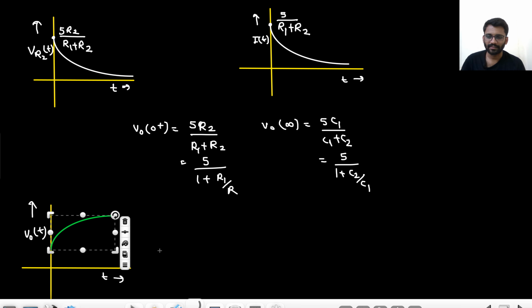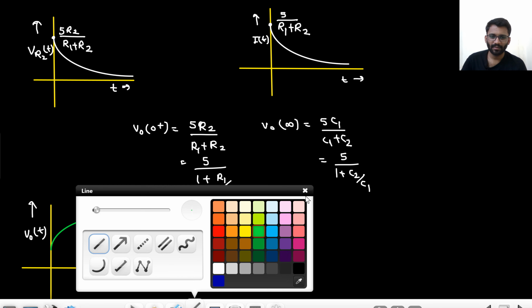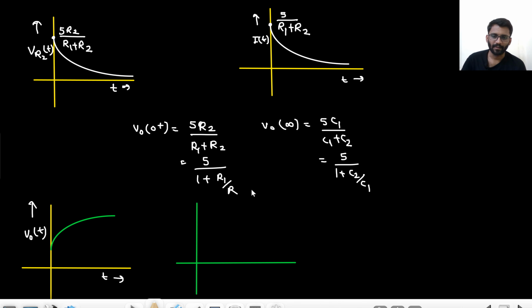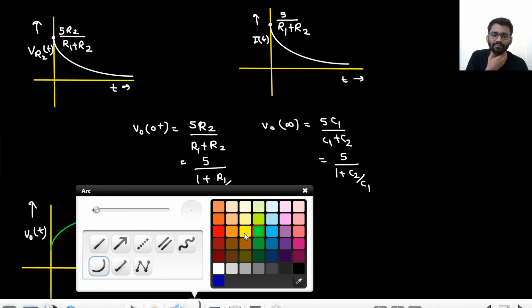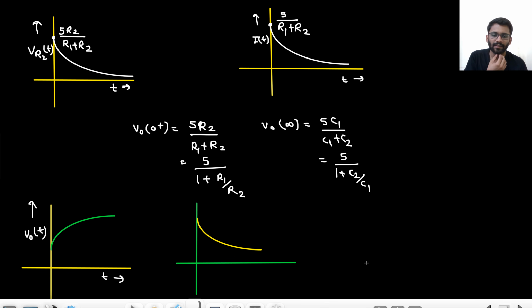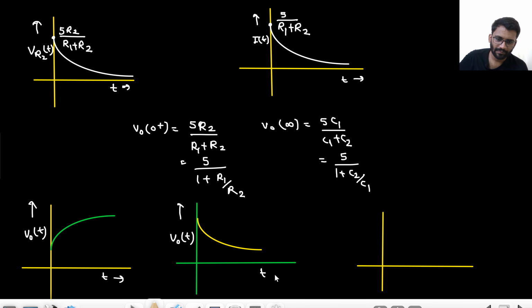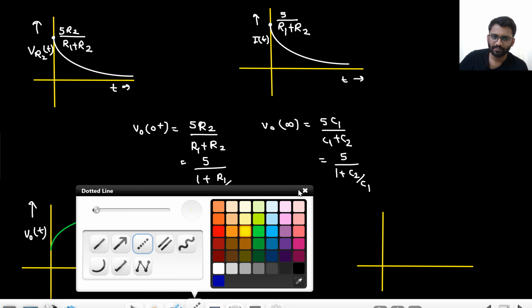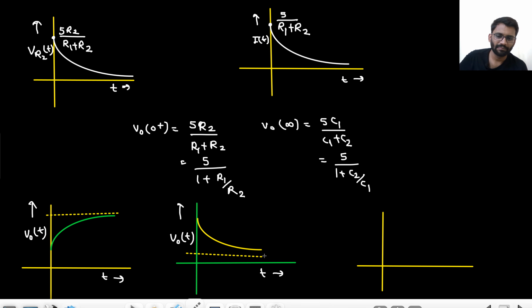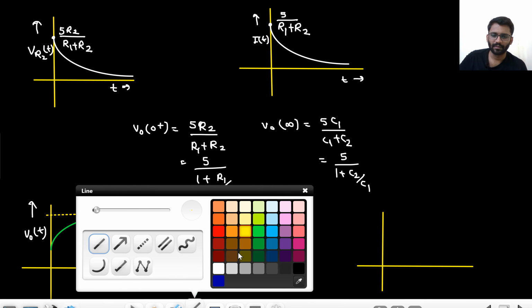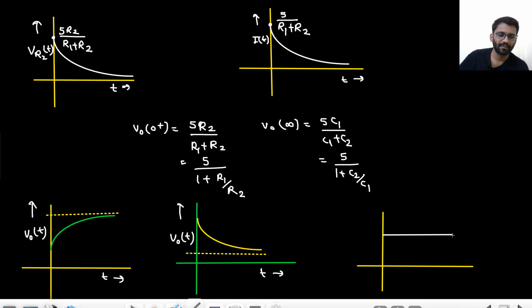In one graph it can rise, in the other graph it can decay down, and in the third graph it may remain flat. Right? This will be your V naught(t).